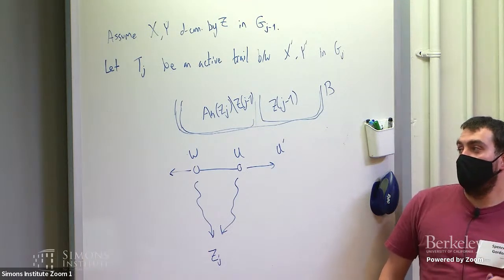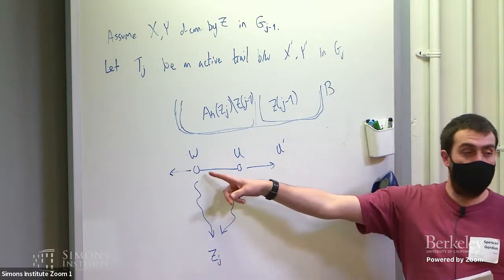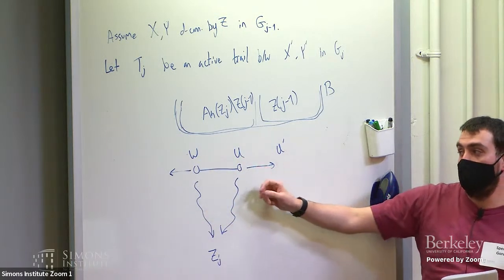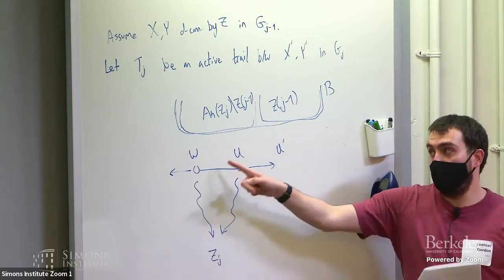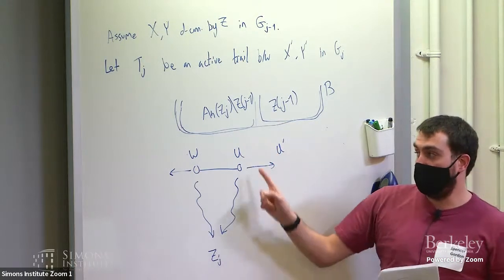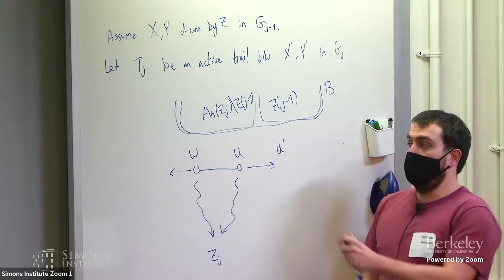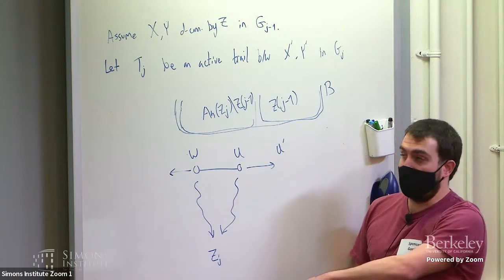So this is not totally sufficient, because it might not be the case that W and U are independent, in the sense that the path from W to ZJ might actually go through U. Or the path from U to ZJ might go through W, if W and U are both ancestors of ZJ via the same path.